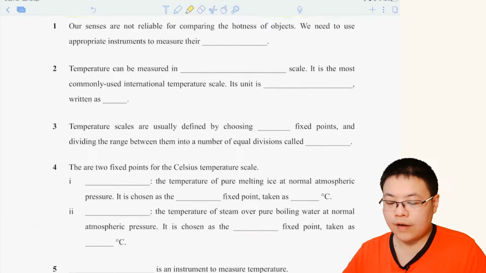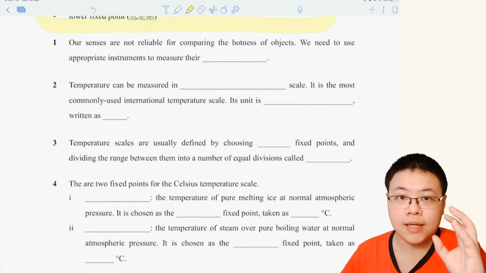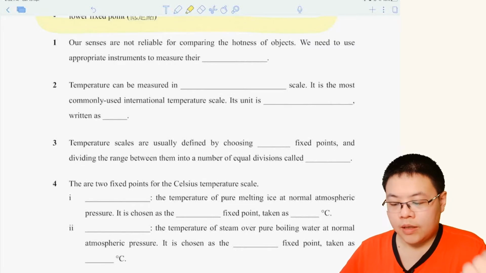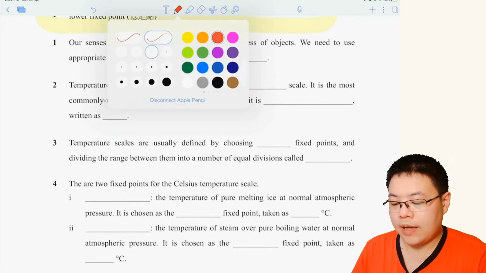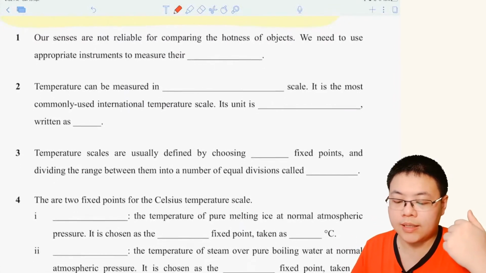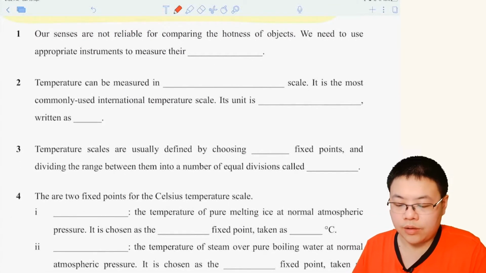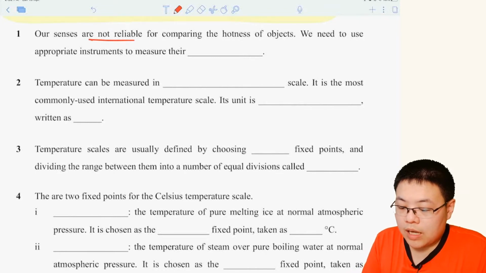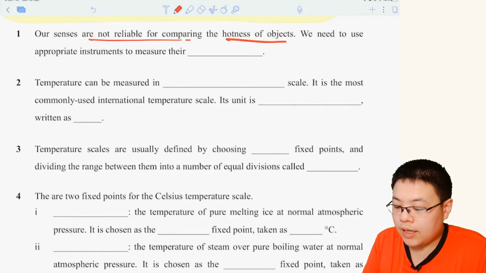For 1, 2, 3, 4, 5, the main focus is the Celsius temperature scale. Since there are many ways we can measure different units for temperature, but we are learning about Celsius, let's have a look, okay? For number 1, our senses are not reliable for comparing hotness and coldness.